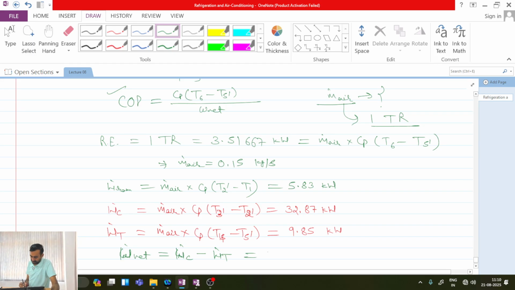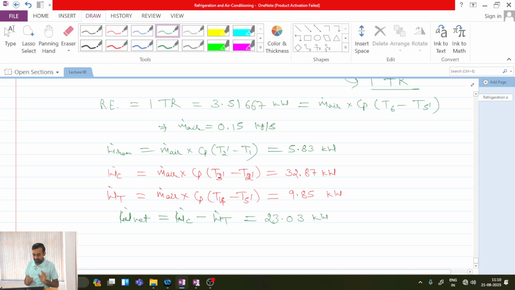So if I take minus of this, how much will I be getting? 23.02 or 23.03 kilowatt. Now you know how much is the W net. You know already the refrigeration effect. So what will be COP? Refrigeration effect divided by W net.